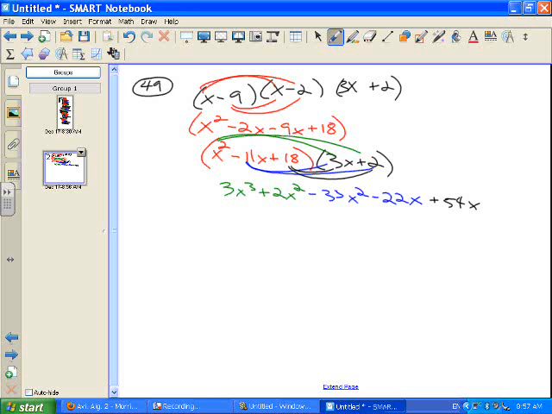And 18 times 2 is a positive 36. All right, so when we combine our like terms, I just have these 3x cubes by themselves. X squareds, I've got positive 2 and a negative 33, negative 31. X's? A negative 22 and a positive 54, so positive 32. And then just 36. There you go.